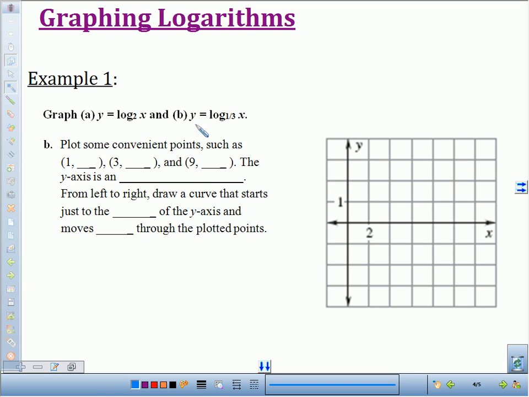We're doing y equals log base 1/3 of x. Now we want to do the same basic idea.